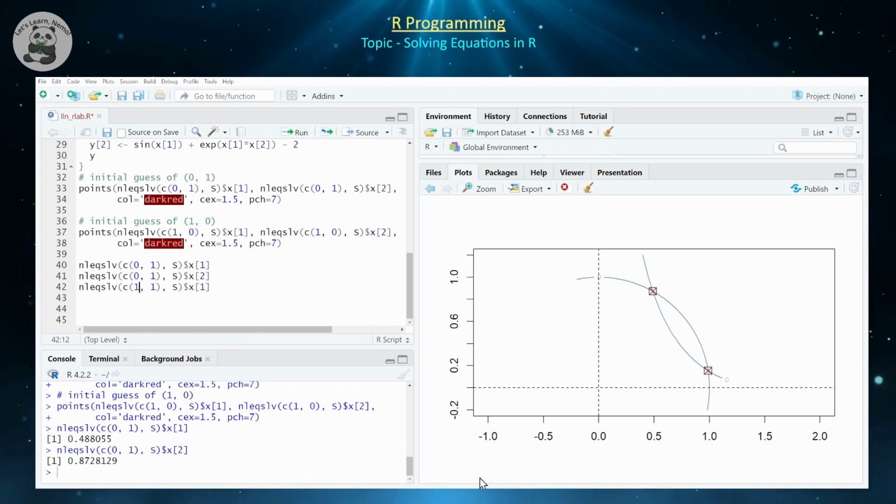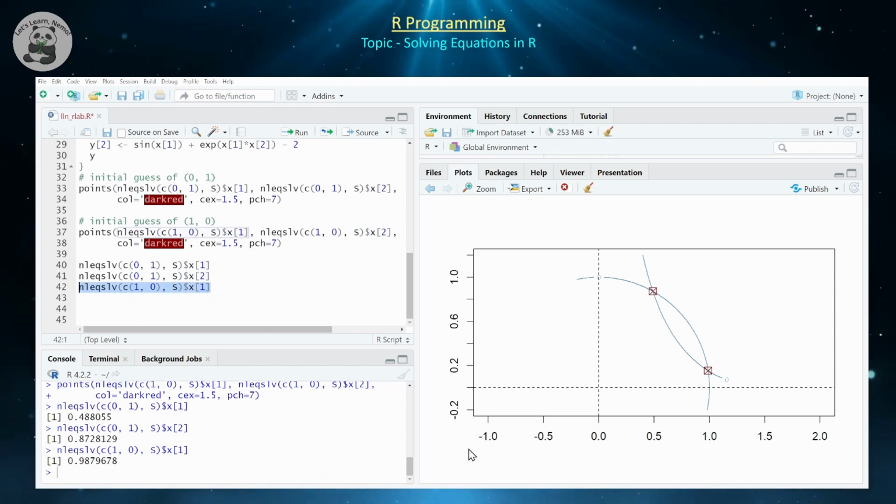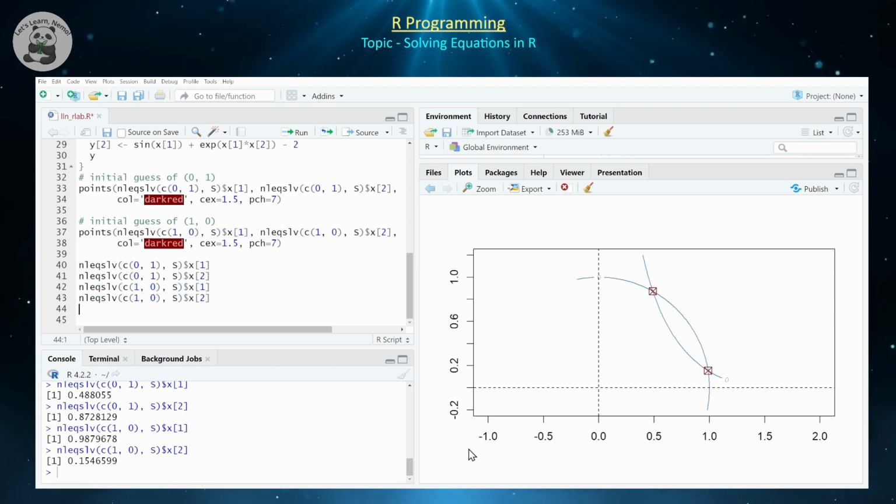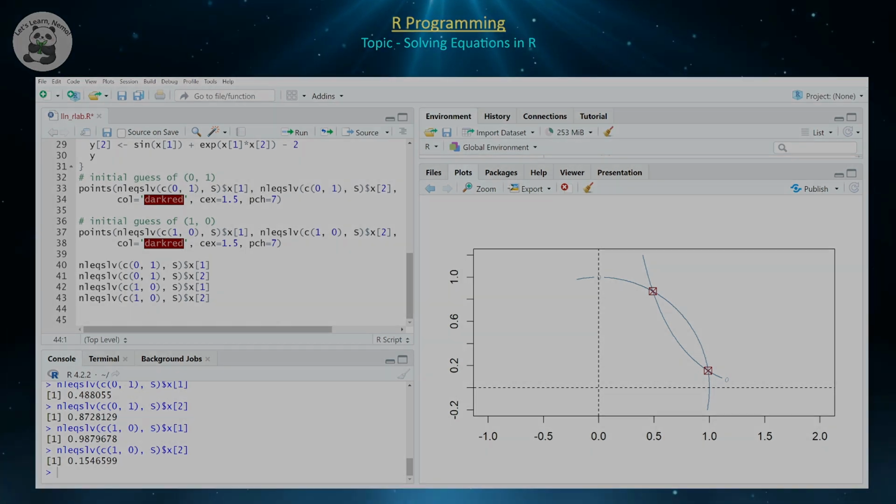And then if we want to switch it around, for example, the x value of the second point would be 0.98, and the y value of the second point would be approximately 0.15. So that's how you can use the nonlinear equation solver package in order to solve nonlinear systems of algebraic equations, which is actually very, very useful in general problems.